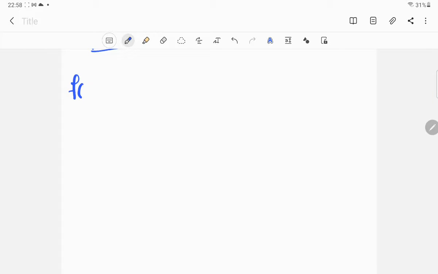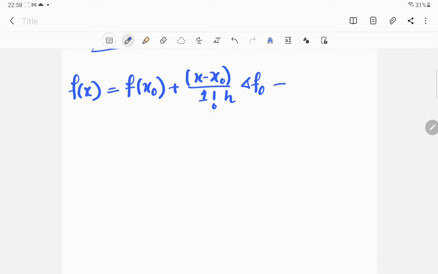So according to Newton's forward difference method, any function f(x) can be written as f(x0) plus (x minus x0) divided by factorial 1 h, del f0, plus (x minus x0)(x minus x1) divided by factorial 2 h square, del 2 f0, and so on.